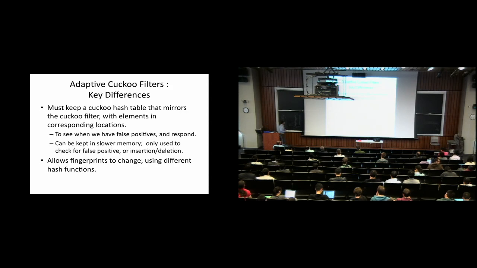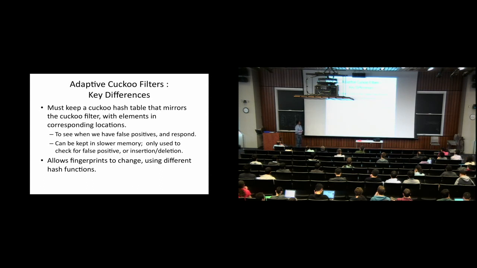Okay, so you can modify the Cuckoo filter that we talked about to allow for adaptivity. A big restriction is that here you really do need to keep the original items around. So we're going to have a mapping. We're going to keep the Cuckoo filter in the quick memory where we're doing all the queries, and then we'll have a backup table that maps to the Cuckoo filter where all the original items are held.